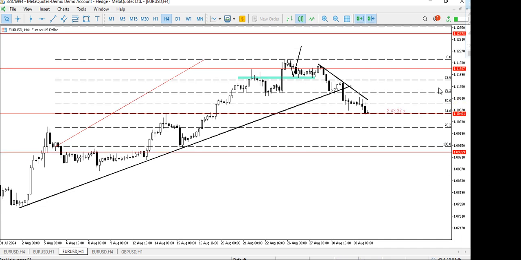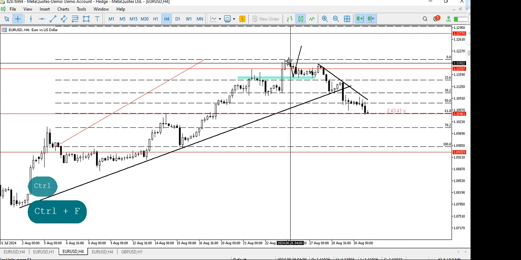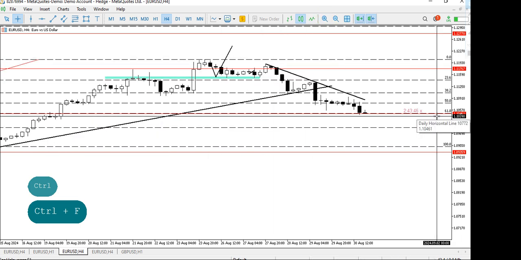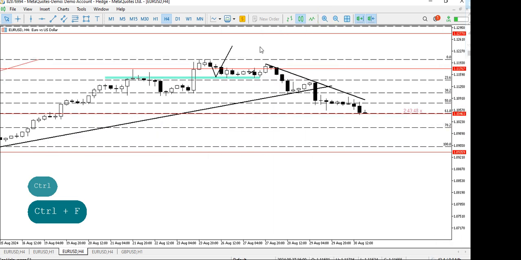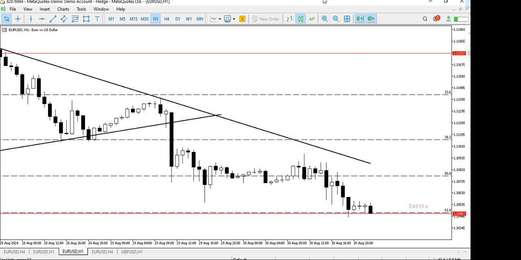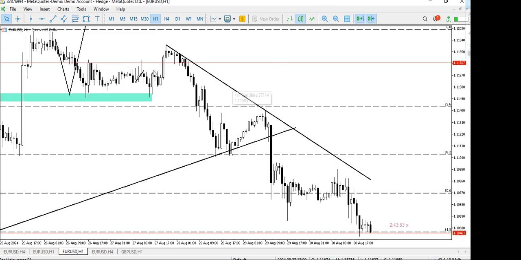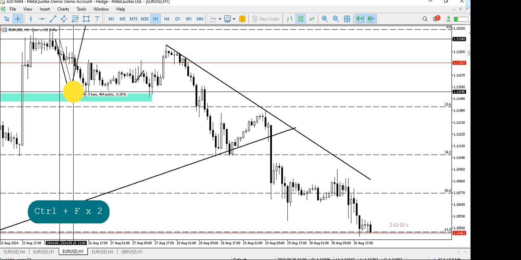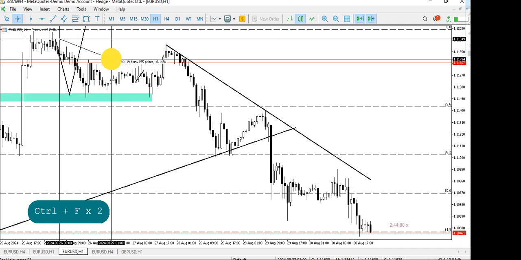Now that being said, let's look at the analysis. Quickly, we'll just take a rundown on the analysis we did for the past week. We got the first part, which is that we were expecting price to fall from here, which it did, then pick up from here and keep going.